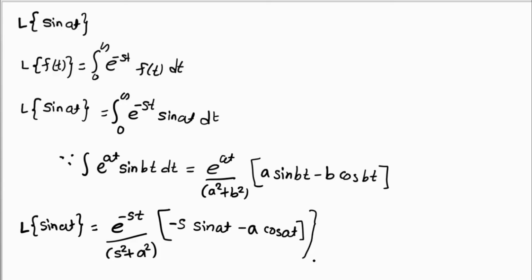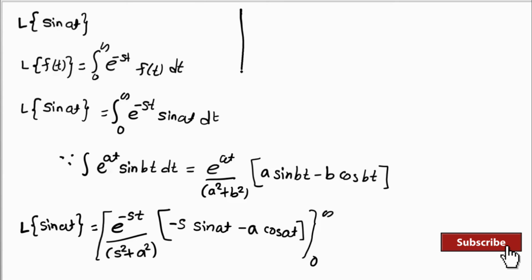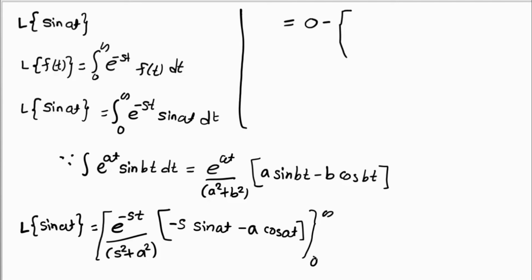And next we have to put upper limit minus lower limit. For the upper limit, e is in multiplication, so when we put the upper limit infinity, this whole term becomes 0. So for the upper limit, this integral is 0, minus the lower limit. Now for the lower limit we put t equal to 0, so e raised to the power 0 is 1, upon s square plus a square, in bracket.